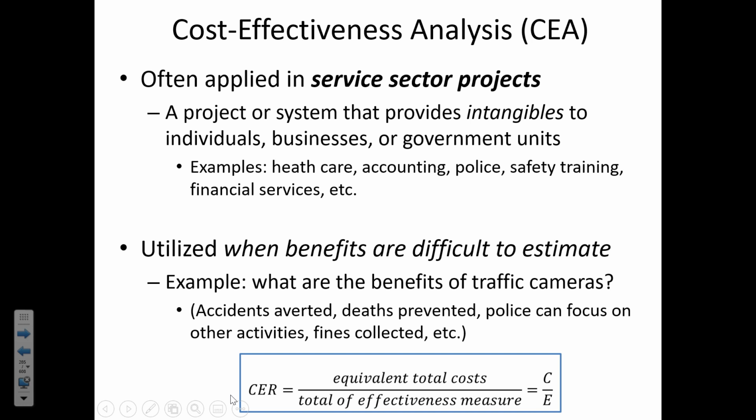Well, because just analyzing the equation here, you can see that the total costs are in the numerator, and then the effectiveness measure is in the denominator. So if the denominator is the effectiveness, you definitely don't want the costs, obviously, to be higher. Right. You want to minimize costs for every unit of effectiveness.